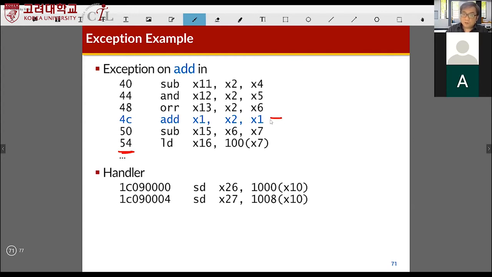Let us assume that the exception happens at the instruction with program counter C, this add instruction. And this is the program counter of the exception handler. The exception handler is composed of two store instructions. This is some specific code, so do not try to understand this exception handler code. This is just an example.